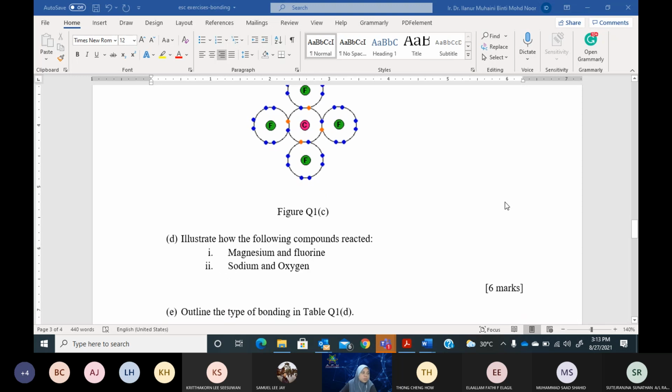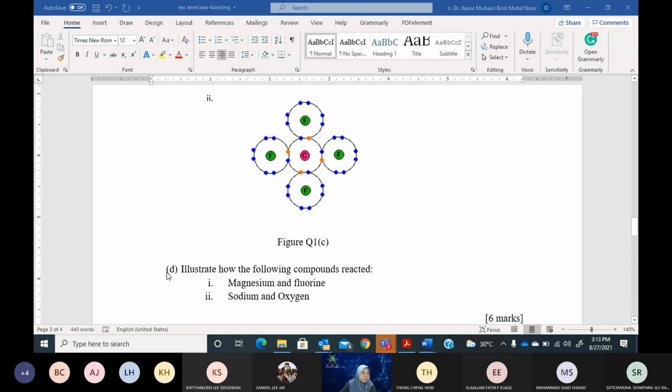Okay, let's look at question D. Illustrate how the following compounds react. Okay, illustrate does not necessarily mean drawing.